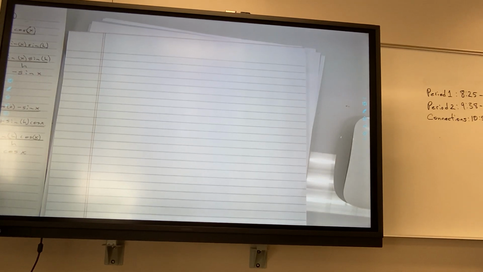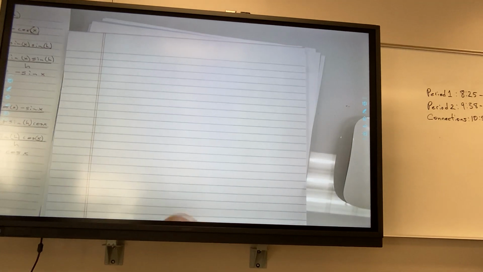I didn't like it when it was, here's the rule, just memorize the rule. Now it's another thing to memorize. We're going to go through and do a bunch of different things, and we're going to figure out some derivatives. But I'm going to show you where 2 of these came from, okay?